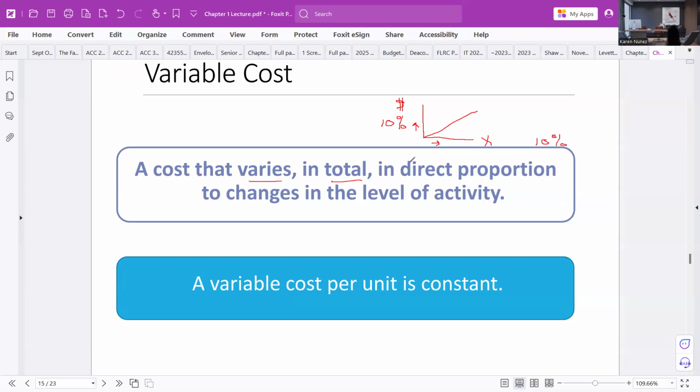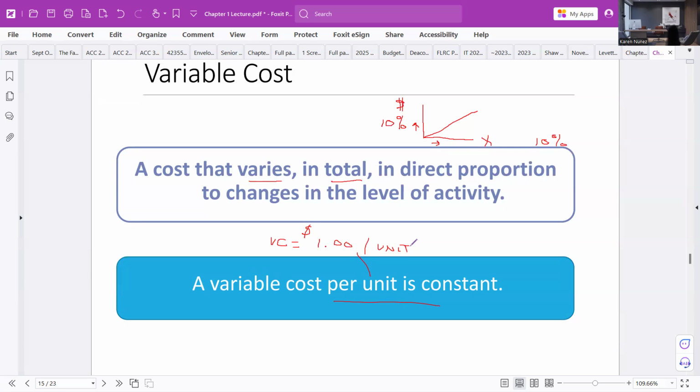But a variable cost per unit is constant. So a good example of that would be a variable cost for, say, direct materials, and say that variable cost is $1 per unit, right? So again, the variable cost is constant on a per unit basis. Every time you sell another unit, you've got materials cost of $1. So you sell one unit, the total cost is $1.